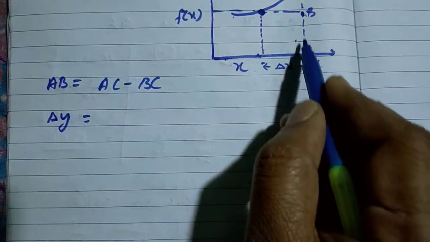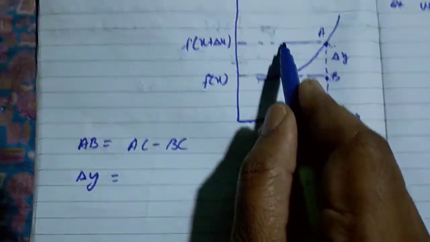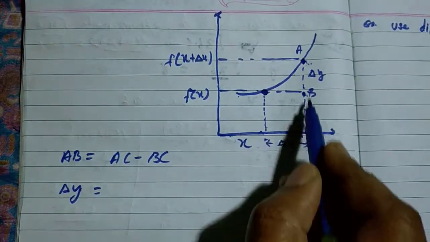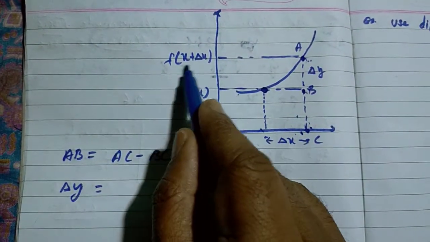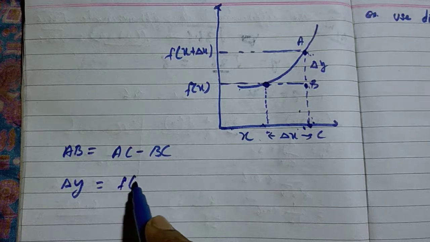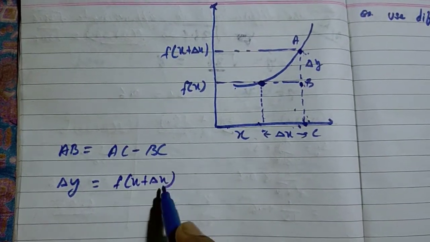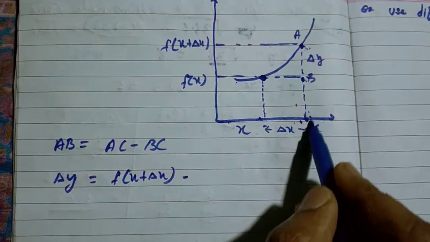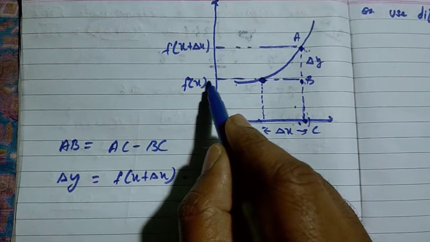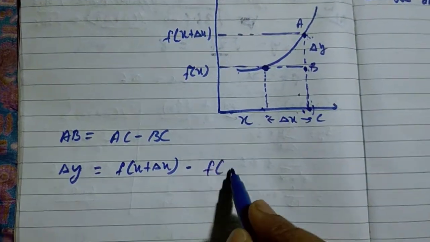See this AC height. This height is f of x plus delta x, minus BC. This height is f of x.